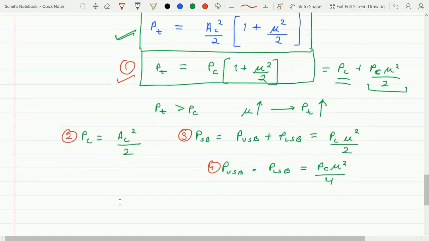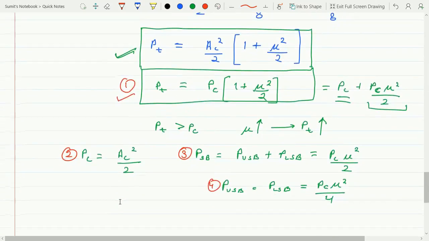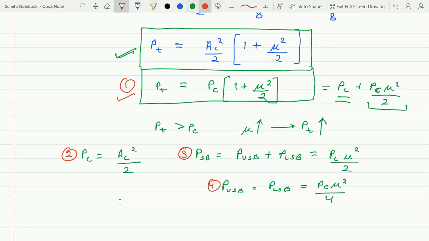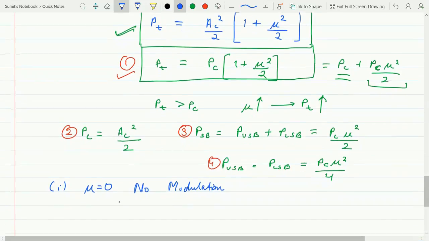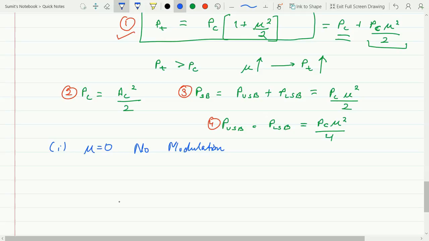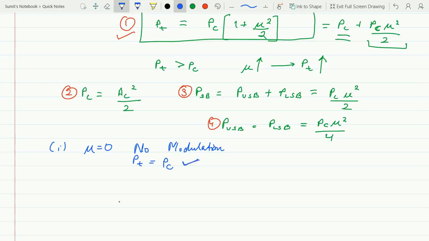Now let's just try to put a few values here and see the cases. Case 1 would be mu equal to 0, that is your no modulation. Using the same expression above, if mu equal to 0, then PT is simply equal to PC. That means you are transmitting the carrier power itself, no additional power, that is you are not doing any modulation.